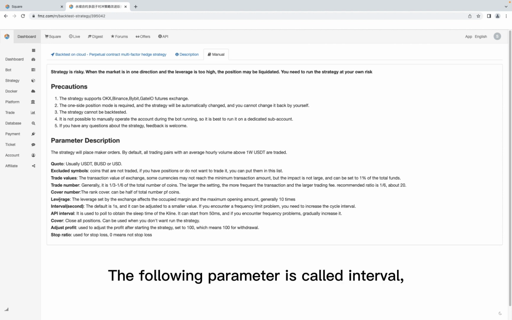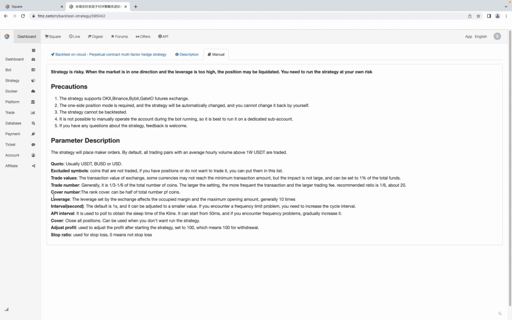The following parameter is called interval, which is used to control the strategy rotation frequency. That is, the whole period of the strategy is completed by multiple factors, and the interval is used to control the strategy frequency.